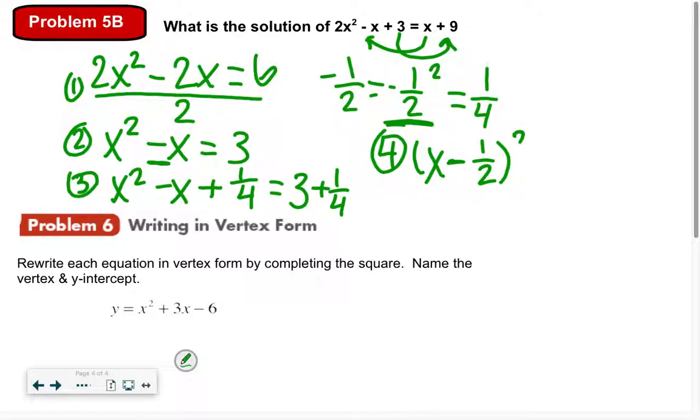So x minus 1/2 squared equals, let's turn 3 1/4 into 13/4. Questions with that step?